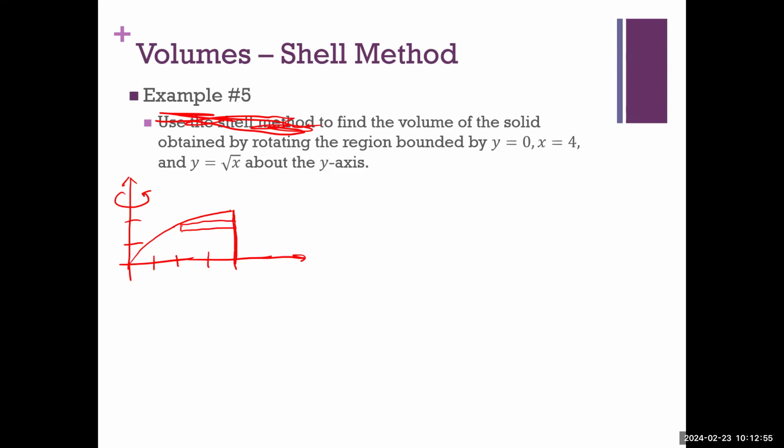If I do a horizontal rectangle, what is going to be made if I wrap this rectangle around the y-axis? Is that going to be a washer or a shell? I can't really show it on the other side of the axis with as little space as I gave, but if I revolve this area, I'm going to have all this mass in here, right?